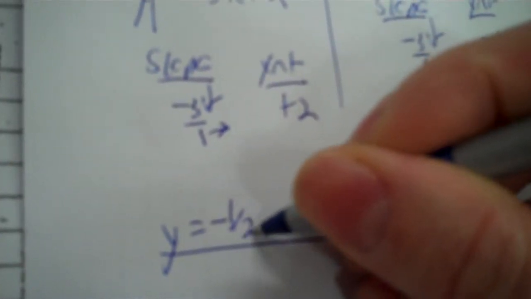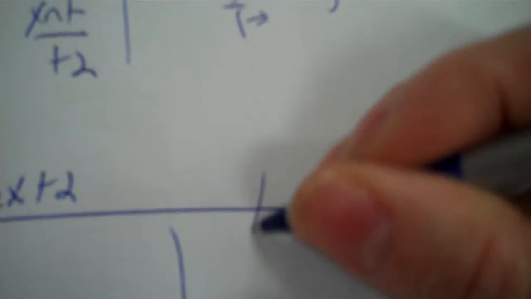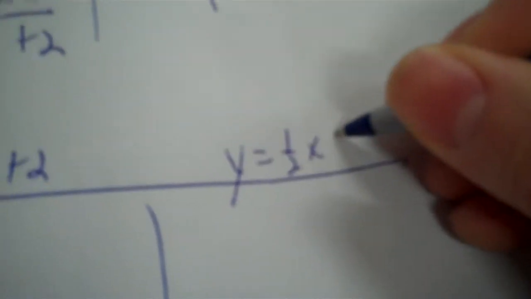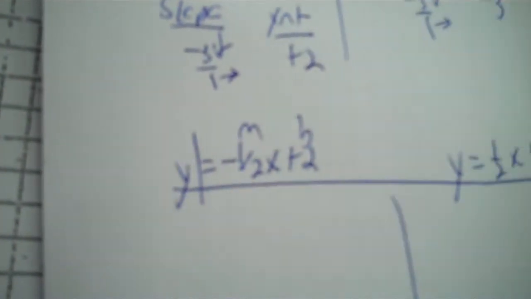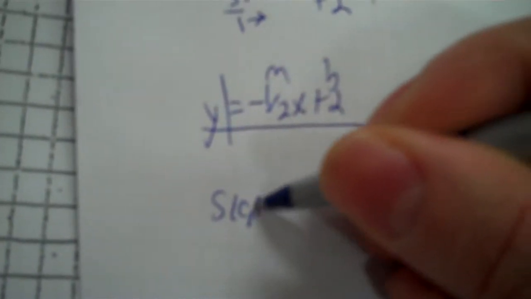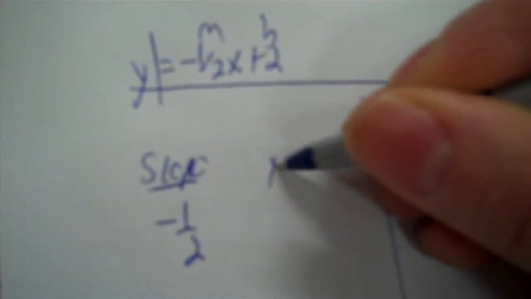Okay, good. Next problem, we have y equals negative 1/2 x plus 2, and y equals 1/2 x plus 6. That's a horrible 6, but it's 6 nonetheless. Here y and x are present, but fortunately the y is by itself, so I can read off m and b right away. The slope is negative 1/2, and the y-intercept is plus 2.